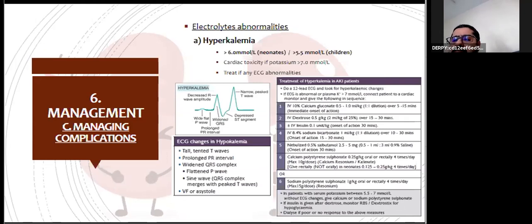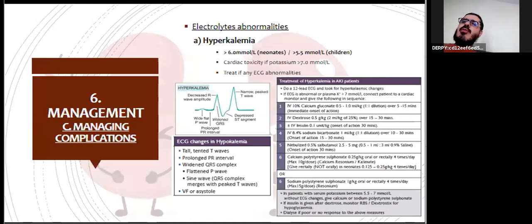Potassium is dangerous, it can kill the patient. If you inject potassium, the patient will die. If you go to patients who have hypokalemia, those with low potassium, we correct by infusion. We give potassium by infusion. We don't give injection. It is not like glucose or calcium.